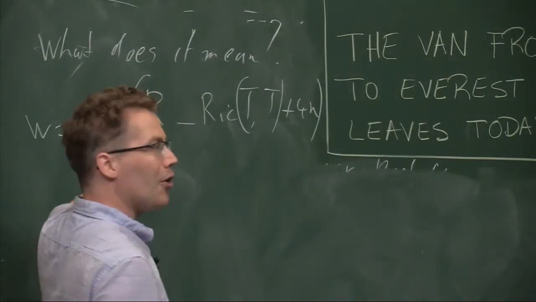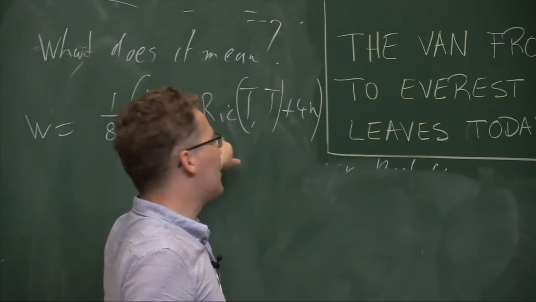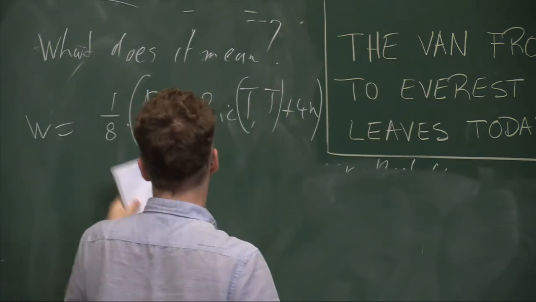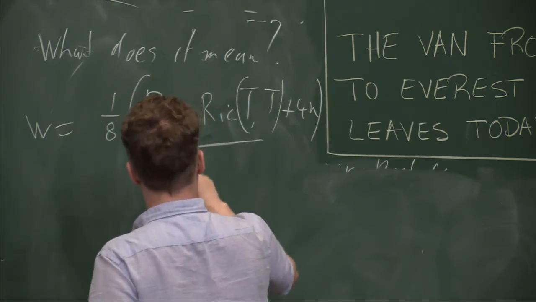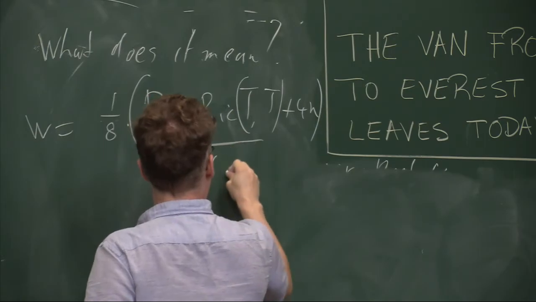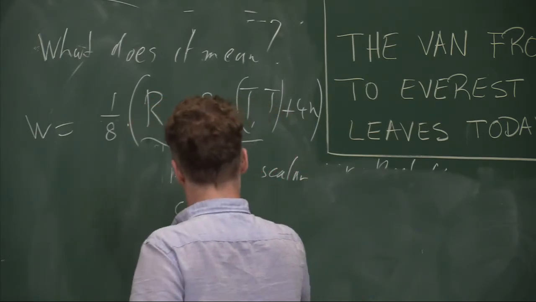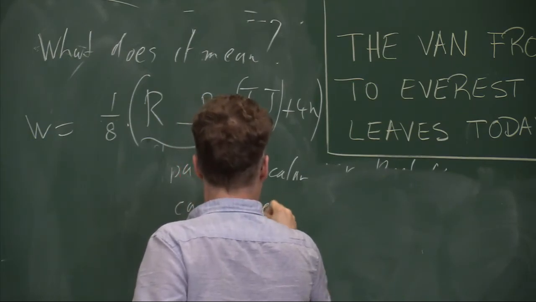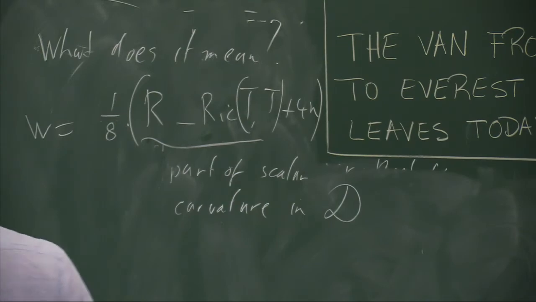Okay, so it's the scalar curvature. You forget about the Reeb directions, and then you add some constant. Okay, and then there's some numerical factor. So it's kind of the part of the scalar curvature in the distribution, if you want. Okay?